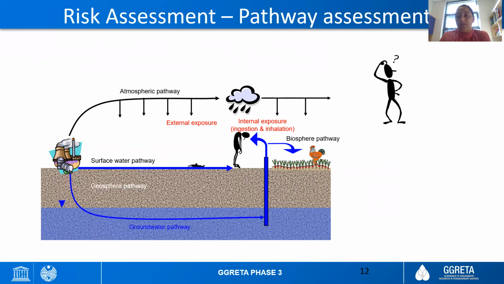The other would be through the biosphere, plants and animals, where we might eat some of these, and that's how it would enter our bodies. And also from inhalation of some gases that might emanate from some pollutants.